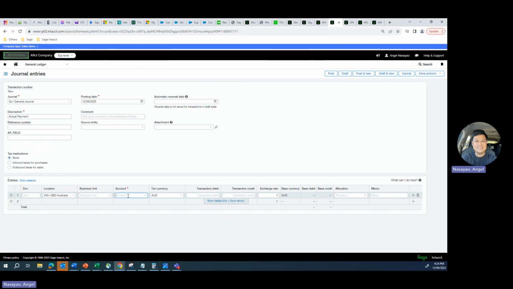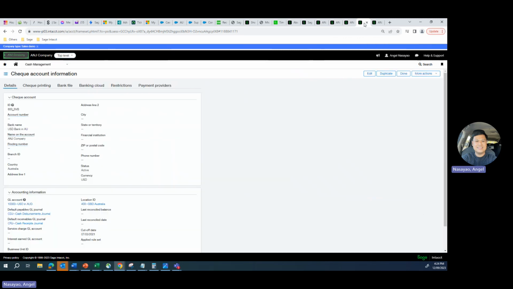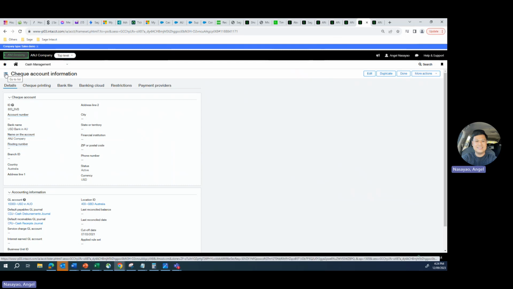What we need to do with the journal entry is that we have to debit the account, which is the USD bank account, right? Not the AUD bank account. So the USD bank account, let me just go back here. Then 300. I think I've used 350 as well.